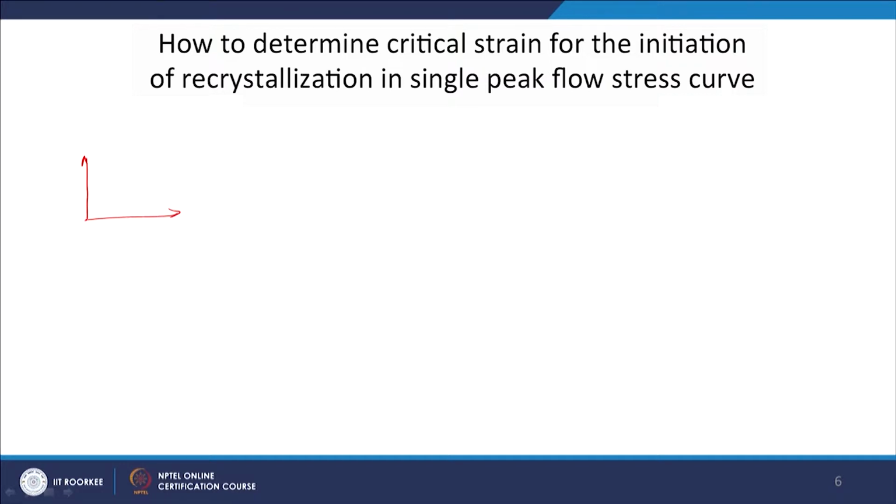So, basically you have this single peak curve. This is my epsilon, this is my sigma. This is my sigma p. And how can I find out the sigma p? Very simple, where there is no hardening, or the slope is 0.